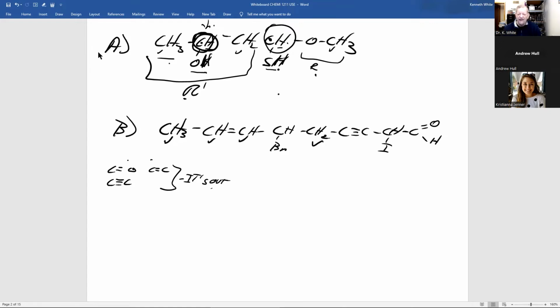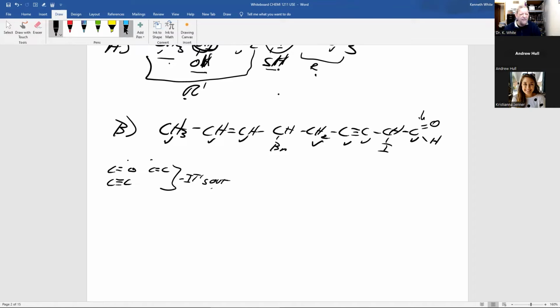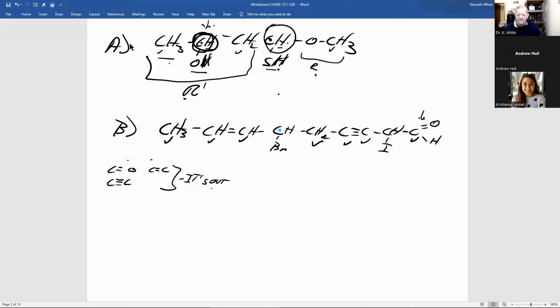This is out. Here I have a triple bond. Those carbons are out. And my carbonyl carbon is out because it's double bonded to an oxygen. So if I look at what's left, I have this carbon, going color on you, and this carbon, and that's it.